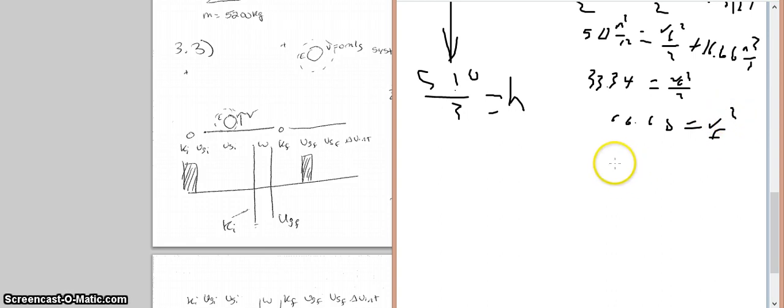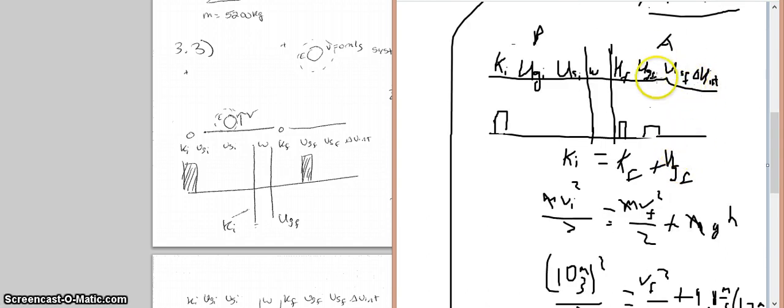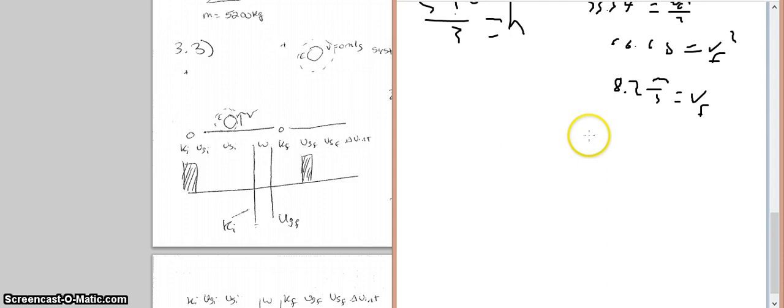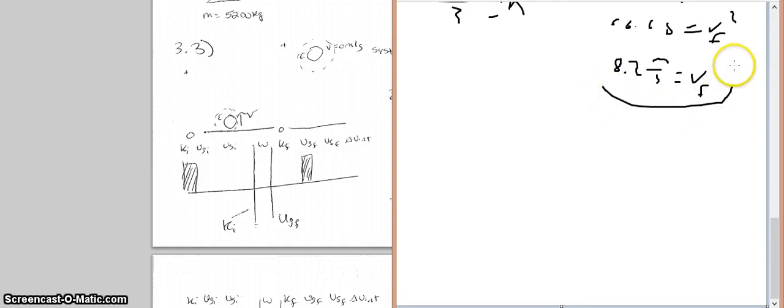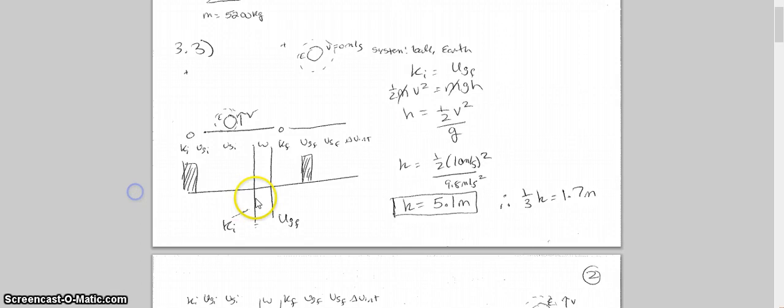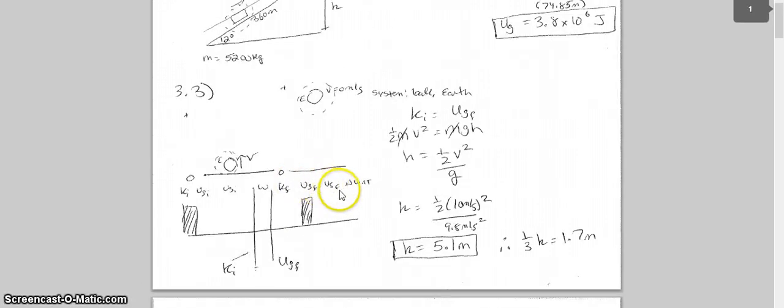In the square root, you get about 8.2 meters per second, which is the final velocity at the point of time when the ball is after, which is when the ball is at 1/3 of the maximum height. Yep. I believe this is the answer. And yes, it is.